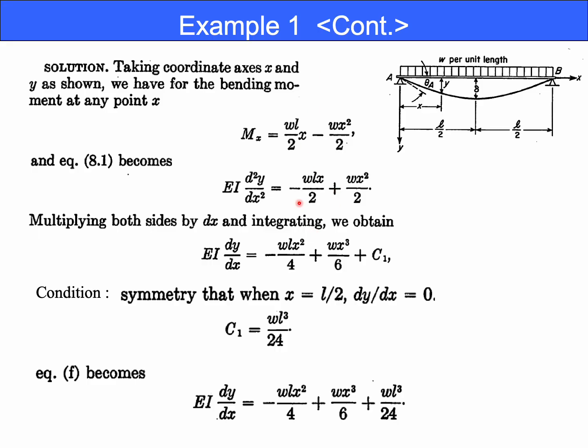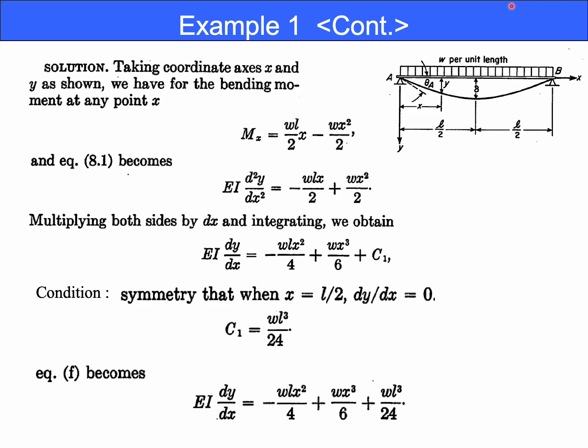The reaction at A is wL over 2 by symmetry. So the moment from the reaction at x is wL over 2 times x. You also have to calculate the moment from the distributed load from A to x.